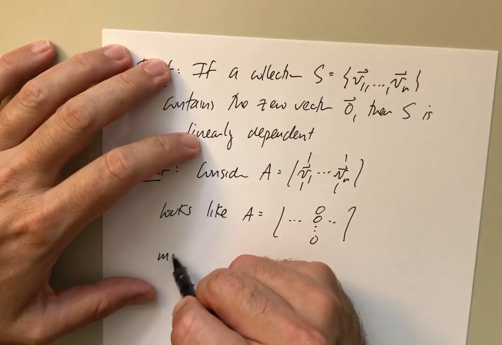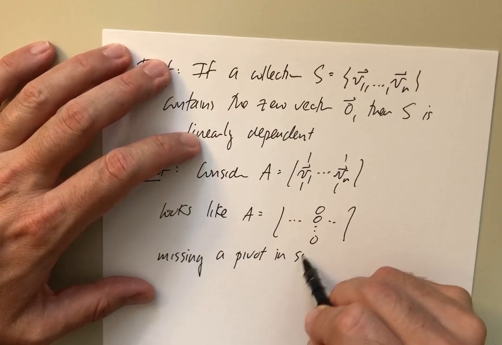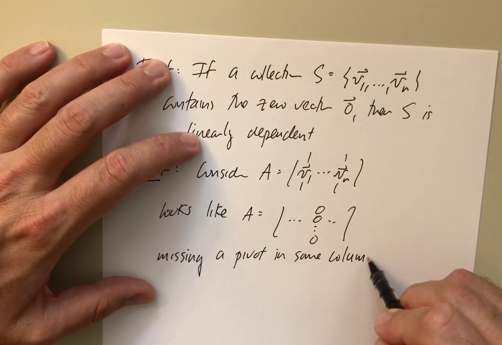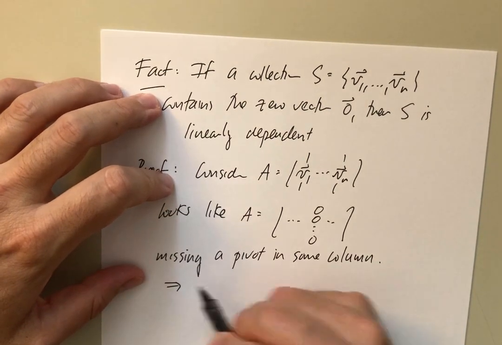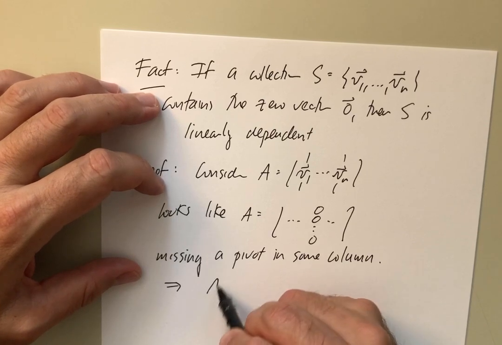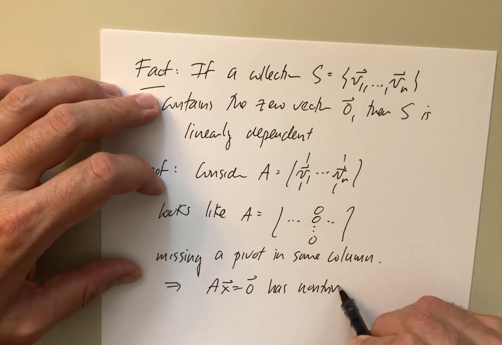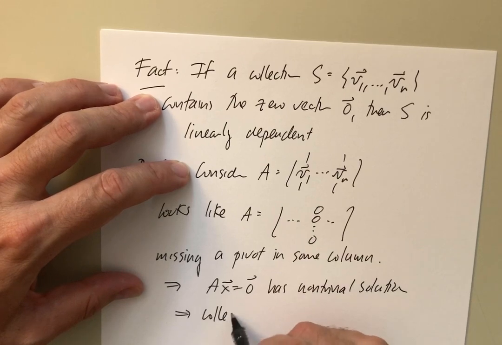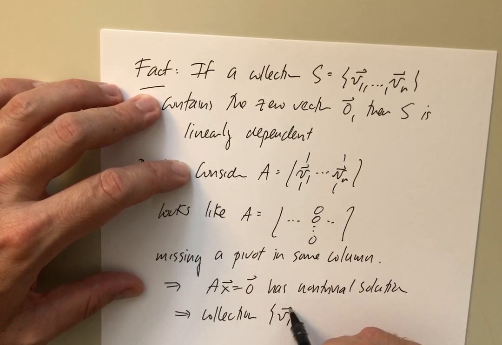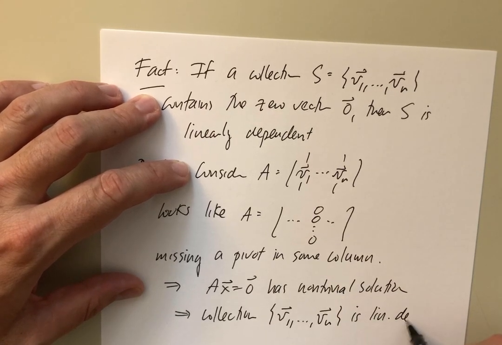So this will be missing a pivot in some column. And that proves it, because once we are missing a pivot in some column, it means we have a free variable in the matrix. This implies that Ax = 0 has a non-trivial solution, which implies that the collection v1 through vn is linearly dependent.